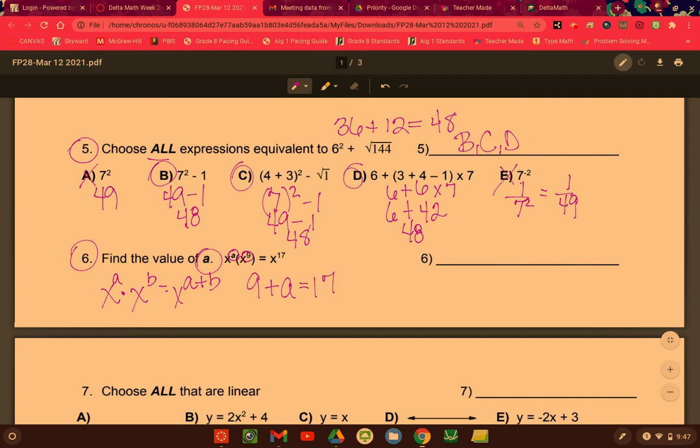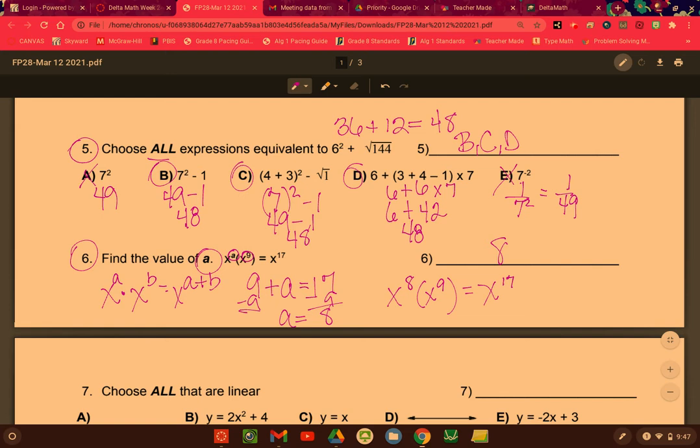And how do I find that something? Let's subtract 9 from both sides. A equals 8, right? So let me write it like this, x to the 8th times x to the 9th equals x to the 17th, because we're going to add those powers. So for just finding the value of A, my answer is just 8.